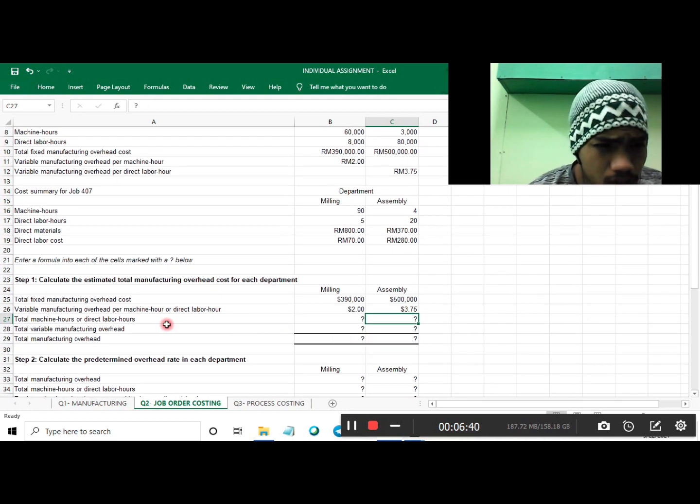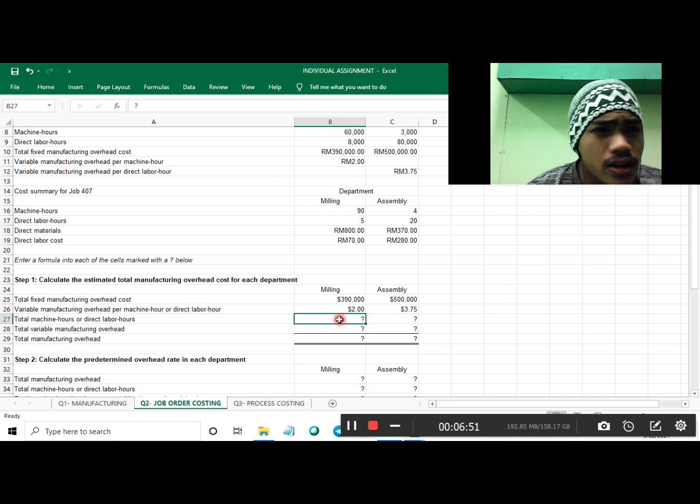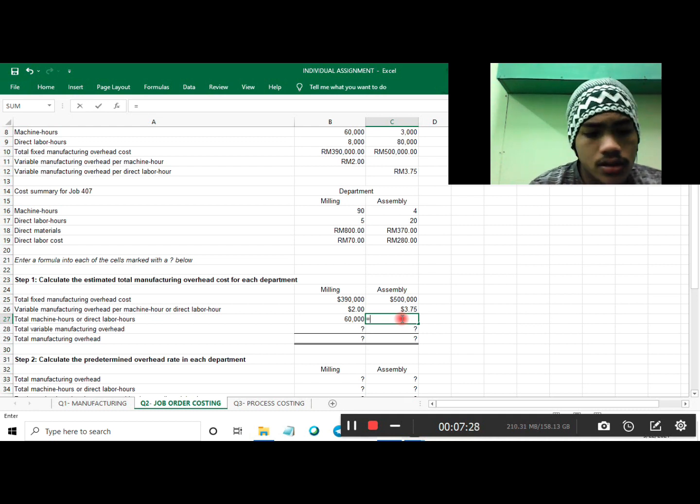And then total machine hours and direct labor hours. For milling, using total machine hours, equal B8, 16,000. For assembly, using direct labor hours, equal C9, 18,000.